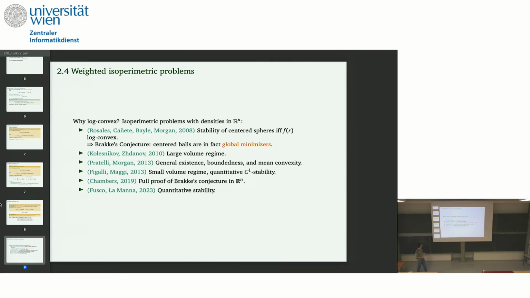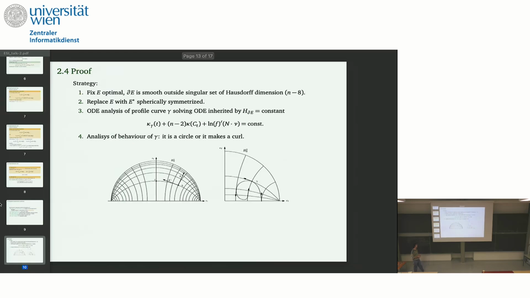And so what we did essentially was to extend the strategy of Chambers to the real hyperbolic space. The proof of Chambers is one of my favorite proofs, and I will give you an idea of why it's so nice, and an idea of the strategy.